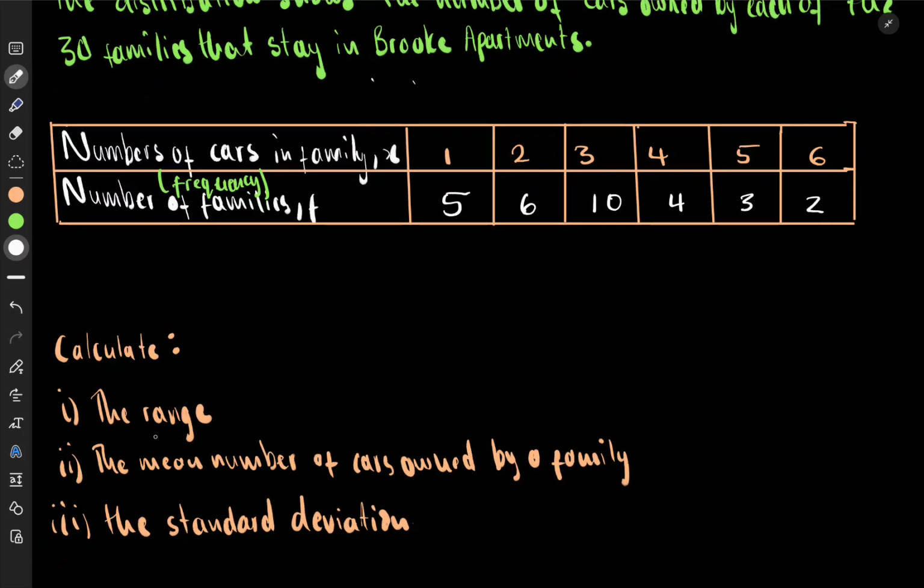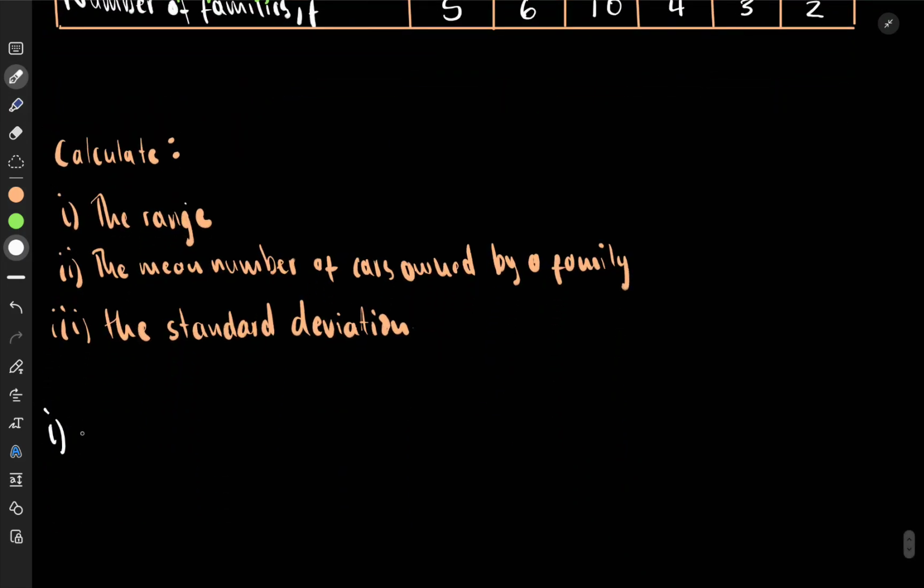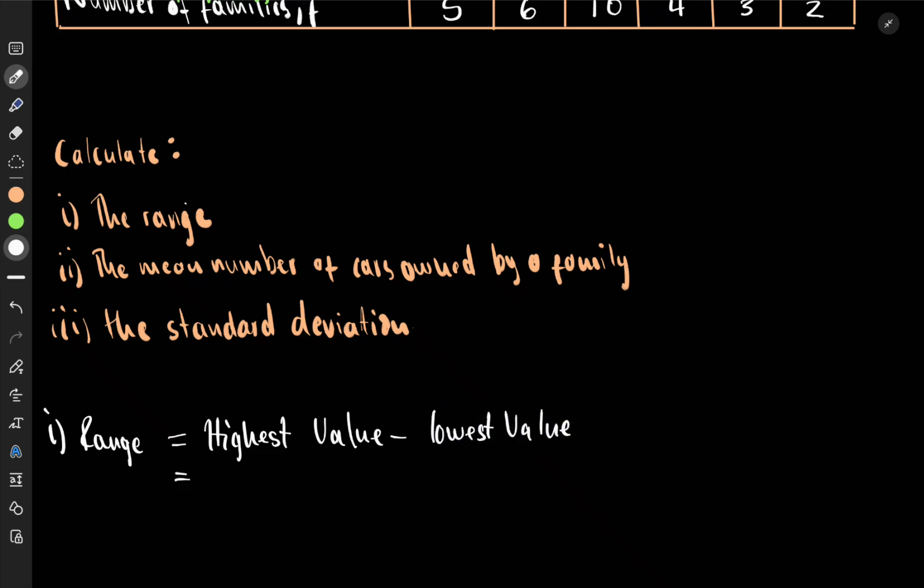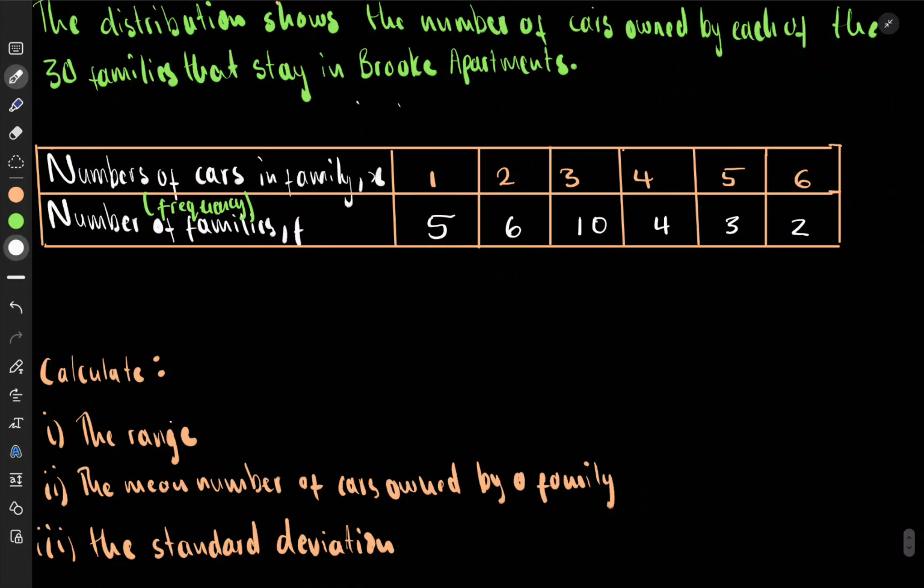It says, find the range. So now we know that, let's put the solution. We know that range is equal to highest value minus lowest value, right? That's the range, which is equal to, what is the highest value there? Are we looking at the frequency?